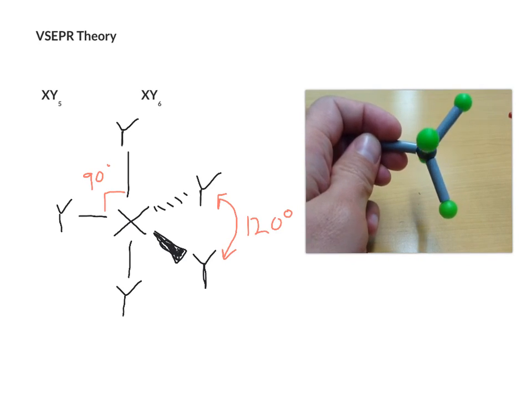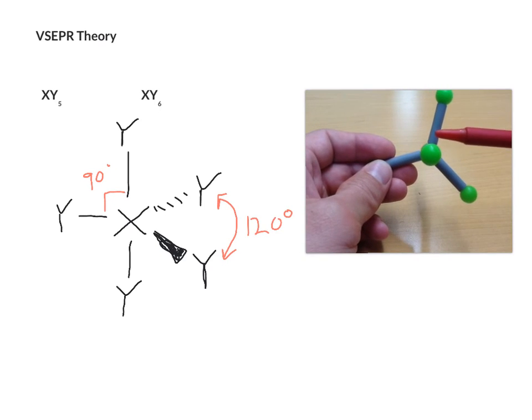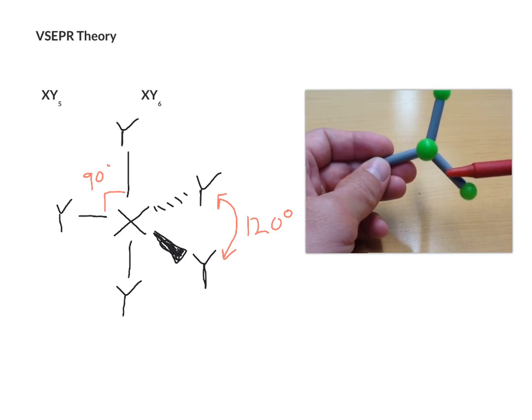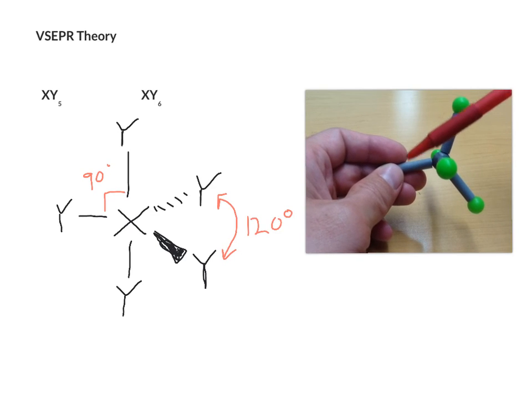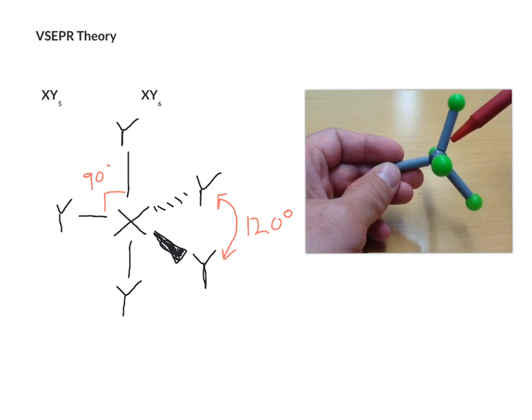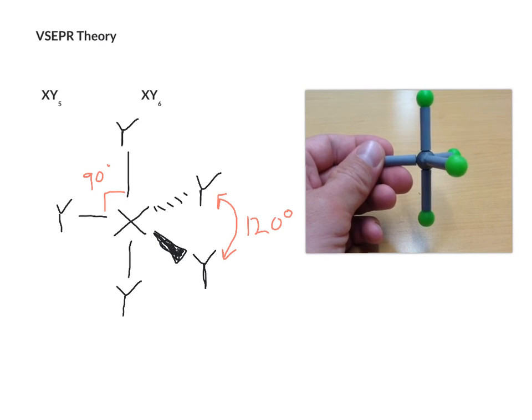If I rotate this way, you can see those equatorial positions in that 120-degree angle: 120, 120, 120. That is a trigonal bipyramid shape.